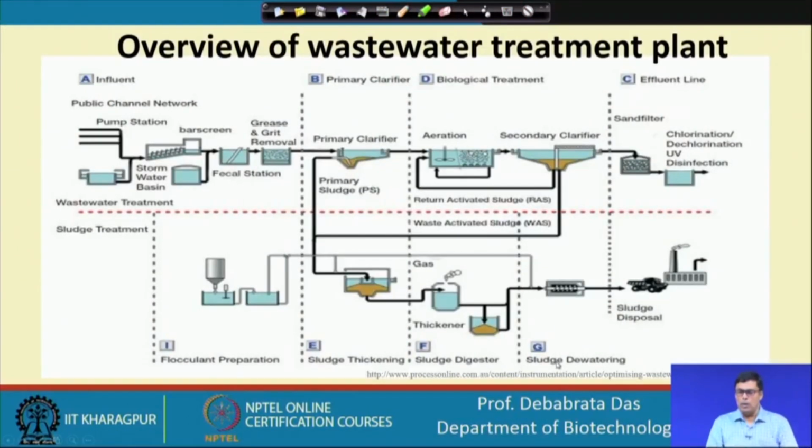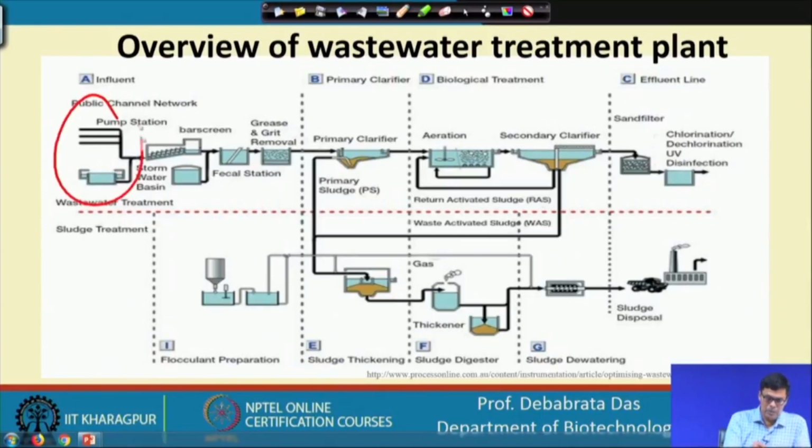Now, this is the overall overview of the wastewater treatment process. If you look at it, it is very interesting that this is the influent, because we take the material from maybe water, maybe sewage water, maybe industrial water. Well, this is the barred screen.